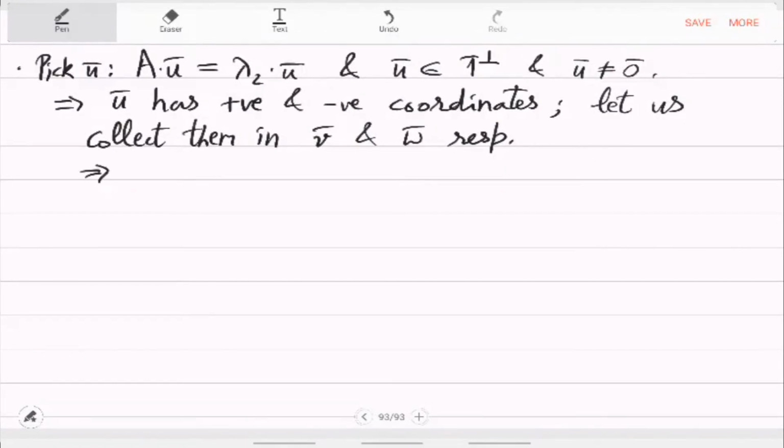So we have basically written u bar as v bar plus w bar, with both v bar and minus w bar having every coordinate non-negative. Okay, so we have separated into positive locations and negative locations. Based on this, we will estimate Z next time in the next class.